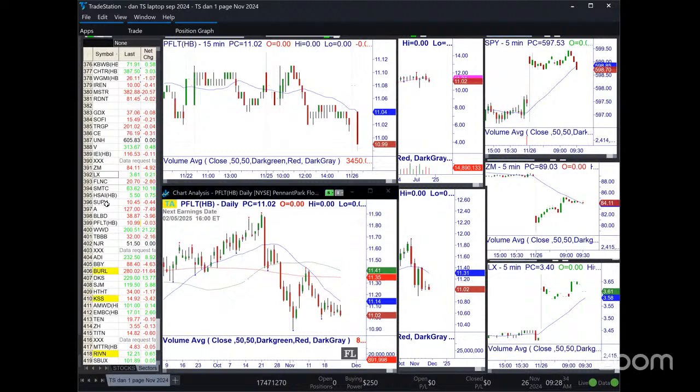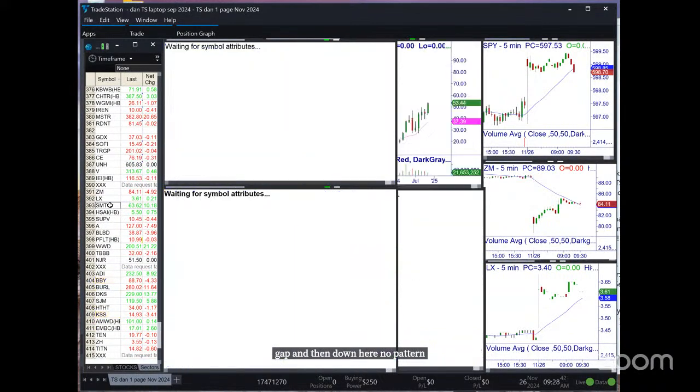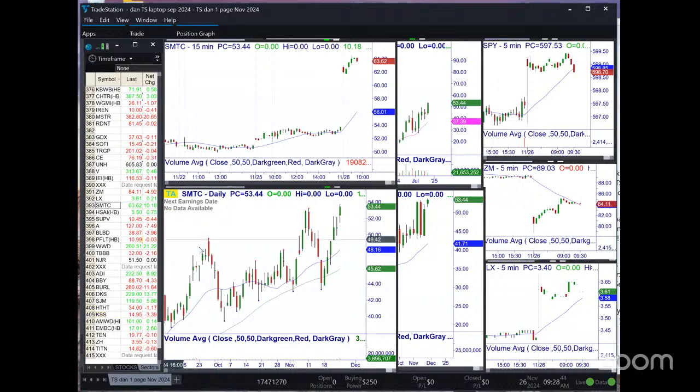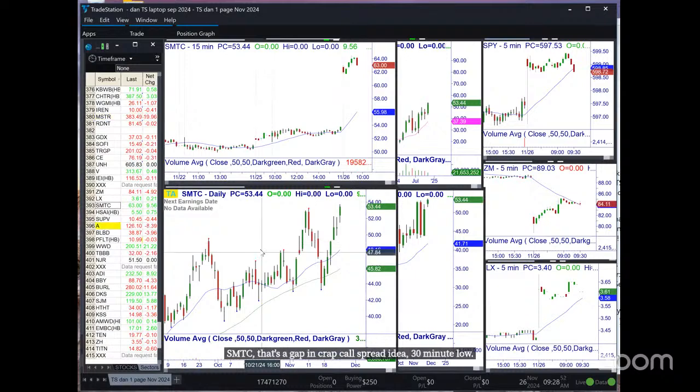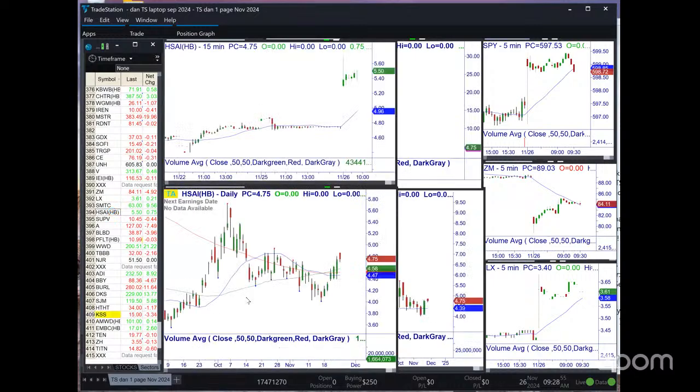FLNC, gap in the down here, no pattern. SMTC, so that's a gap in crap call spread idea, 30-minute low. The bullish gap, but it's excessive. So that I like 550. I like the gap breakout, but it's excessive.